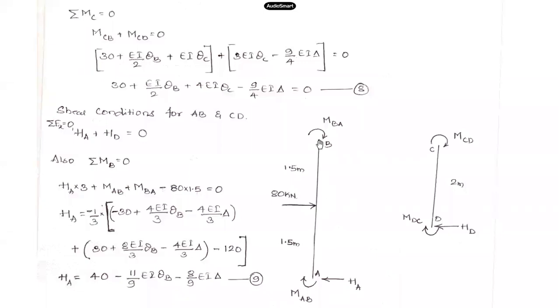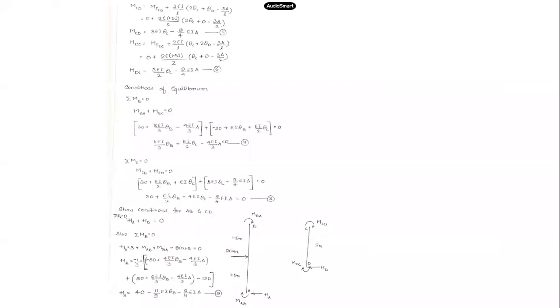I'll take the summation of moments due to all the forces about joint B and equate it to 0. From that I can get what HA is equal to, in the form of an equation in terms of unknowns. So that is one reaction, HA, that I am getting here.